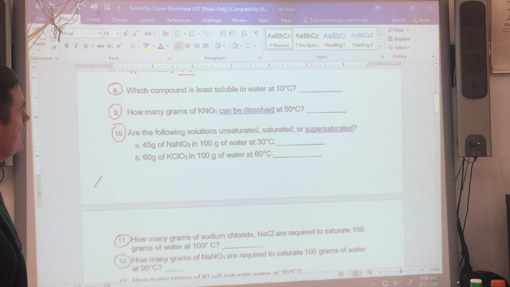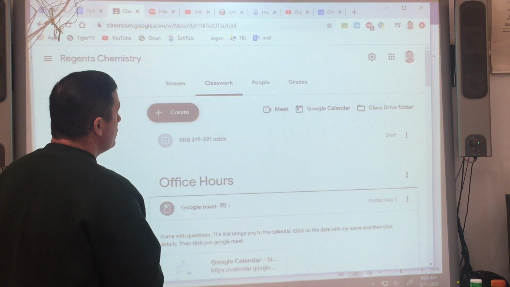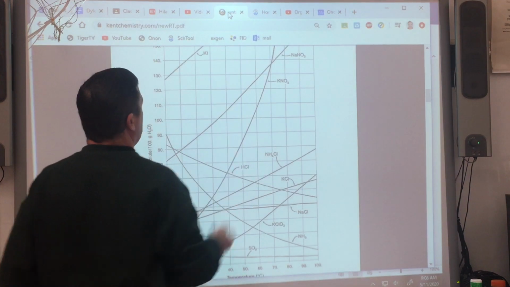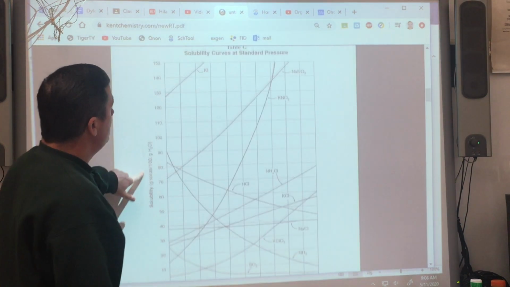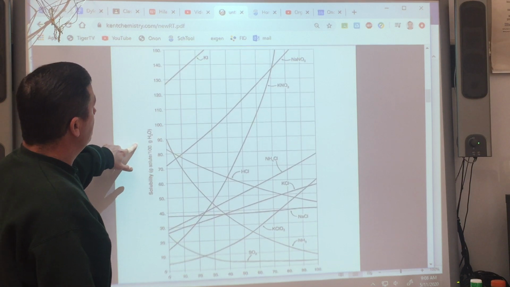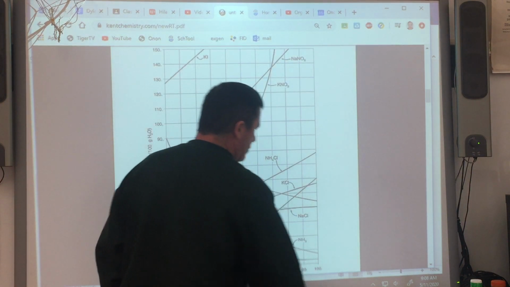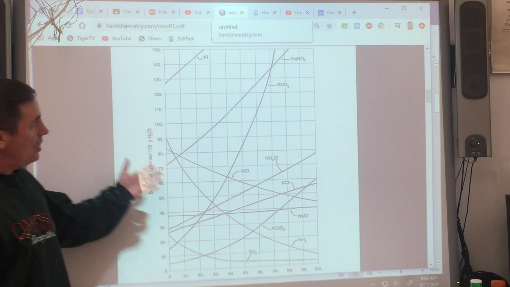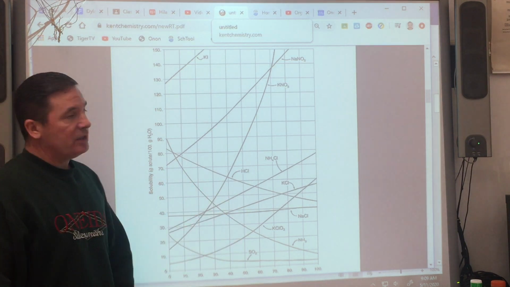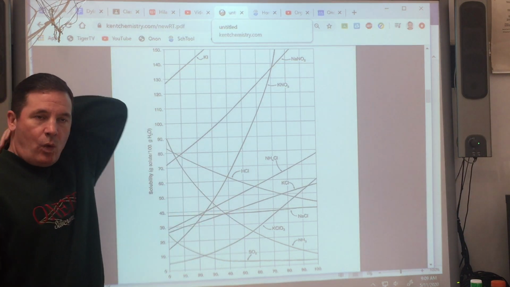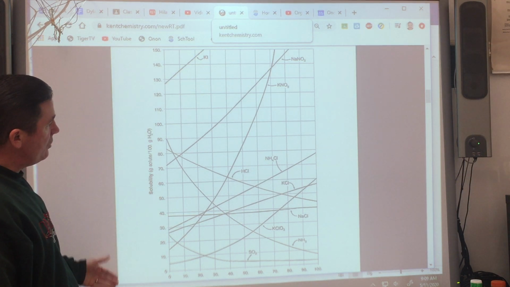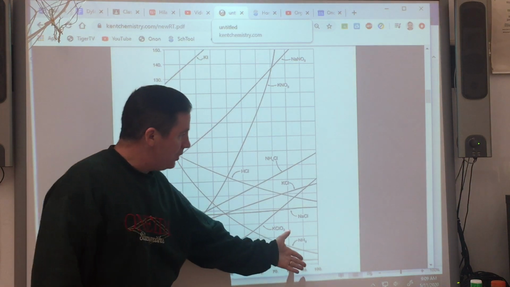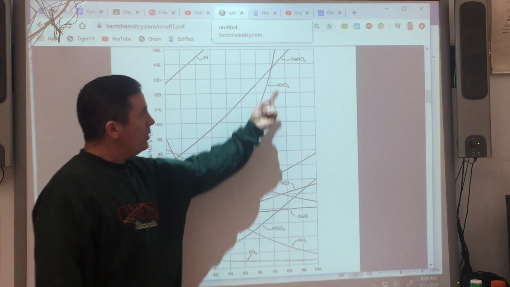Which compound is least soluble in water at 10 degrees Celsius? So remember, we're just running through our Table G. Now, just as a reminder, this is showing you the solubility of different substances in water, aqueous. In general, the trend is, as the temperature goes up, the solubility goes up.